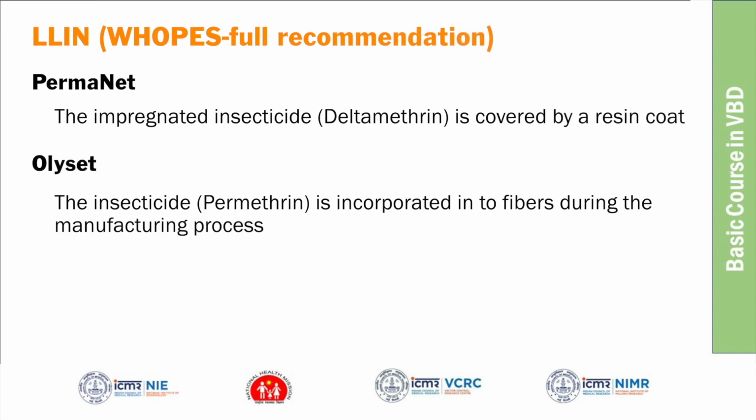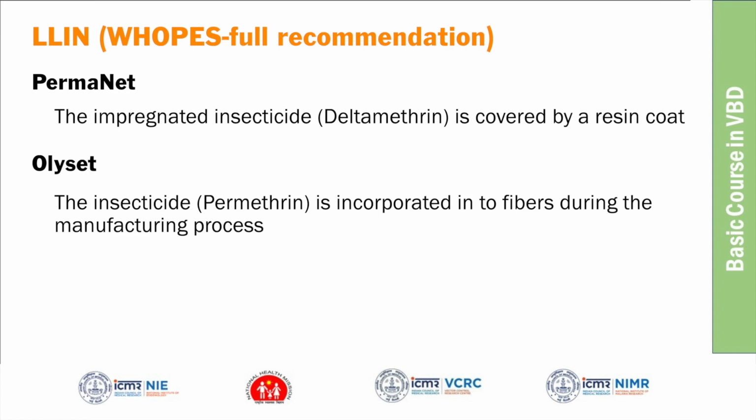Already the WHO has given full recommendation to many nets that are available. One example is PermaNet. In the PermaNet, the impregnated insecticide is covered by a resin coat around the fiber.